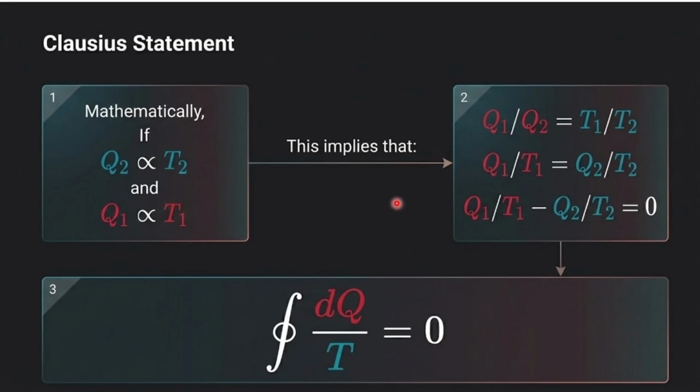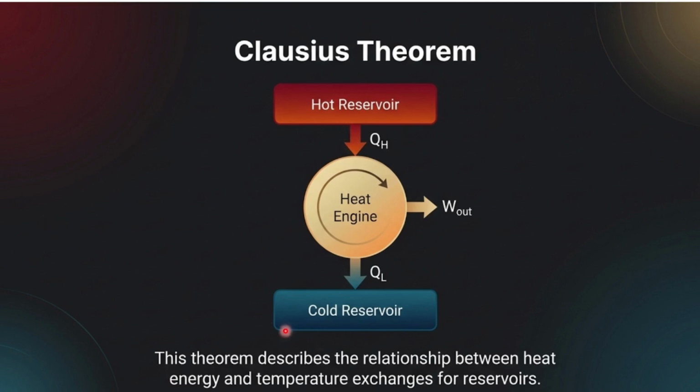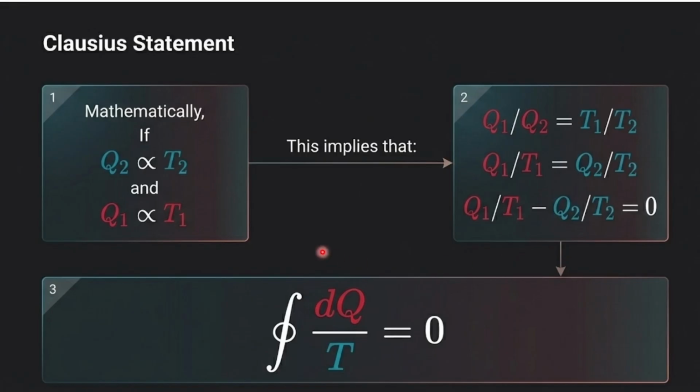Well, let's first keep in mind this diagram, that is some hot energy and cold energy. Previously, we saw that heat energy was directly proportional to the temperature for a given reservoir.